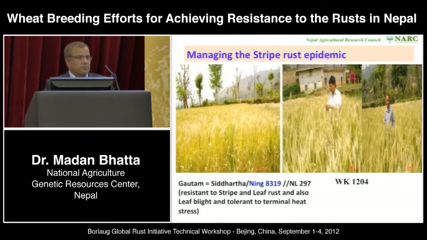The middle person is from the Midwestern hills. He came to me to take his seed kits for his district, and he also requested a few kits of this variety, Gautam, which is resistant to stripe rust, but released for the plains of Nepal, the Tarai, only.